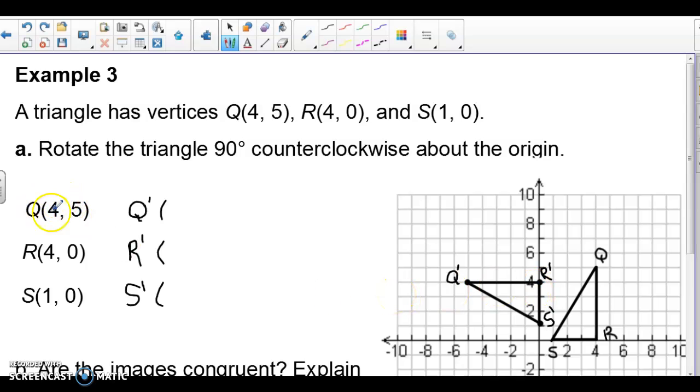I've also written our values of the pre-image over here. Q prime is -5, 4. R prime is at 0, 4. And S prime is at 0, 1.